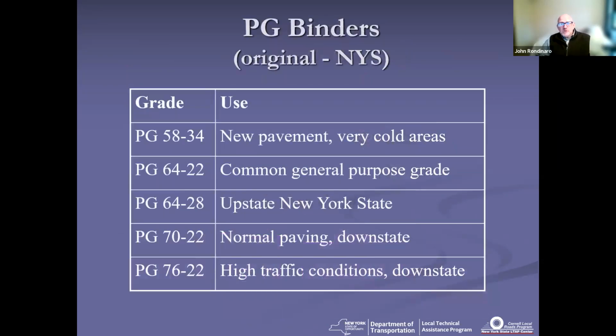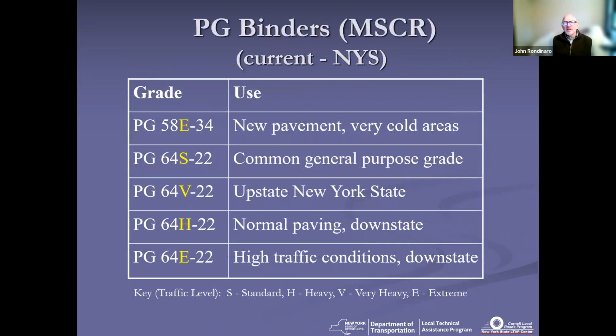In terms of the binders used in New York State, originally we were using the binders shown on this slide. Typically, you would have seen a PG 64-28 upstate and a PG 76-22 downstate in high traffic conditions. But over the last 10 years, binder technologies have evolved, and the binder grading system has evolved with the technology.